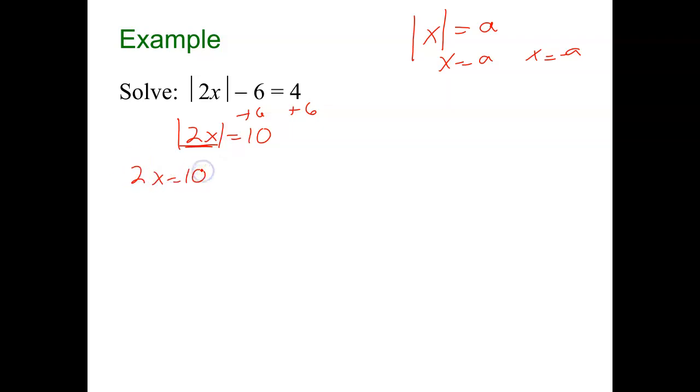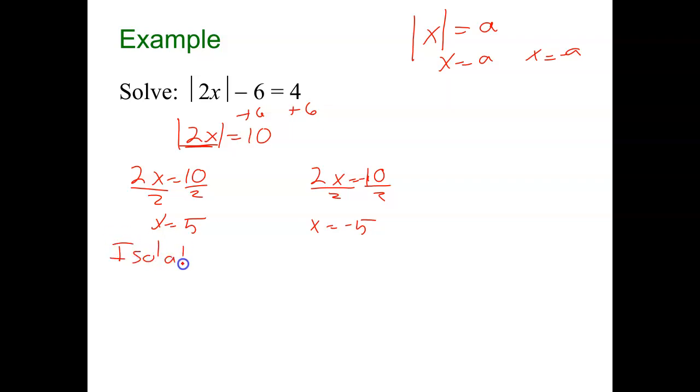So I can write it as 10, and I can write it as negative 10. Well, solve for x. 5 and negative 5. But you have to get the absolute value isolated first.